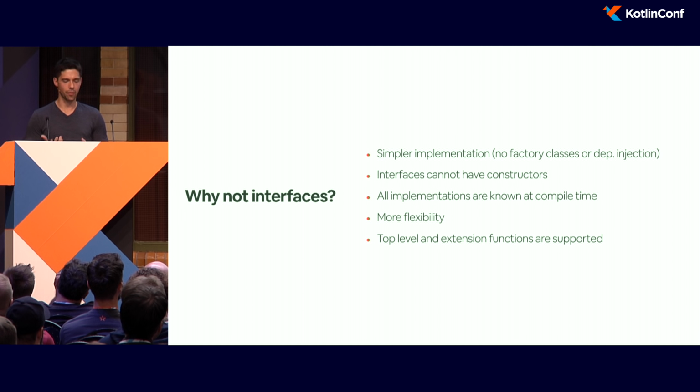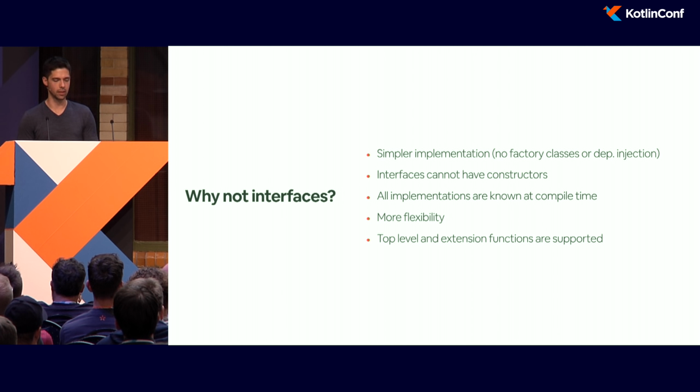Factory is one main example of something you usually need to do with interfaces, mainly because you cannot have a constructor in an interface, right? That's something you can do with expect. You can expect a class to implement a constructor, which gives it an advantage over using interfaces.